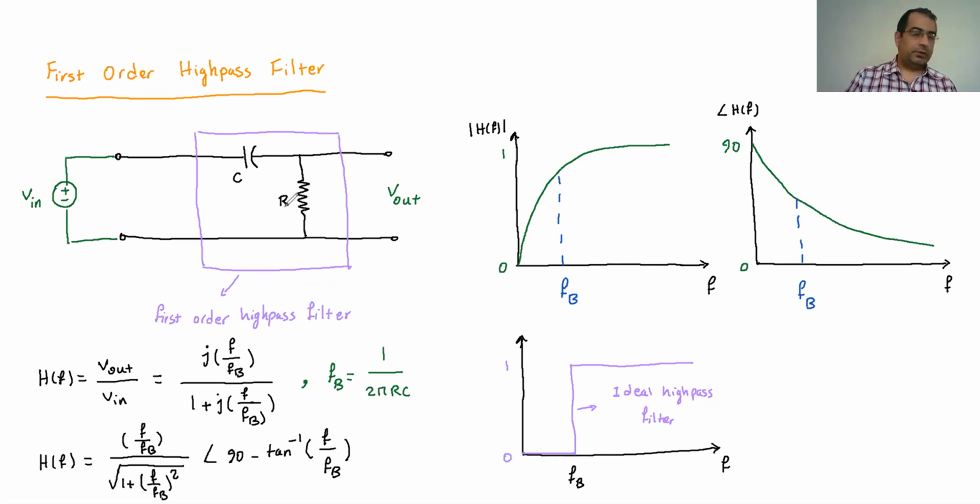If we go to a higher order filter, we can get a filter that's much closer to this one. Also the same with the phase, you can see it tries to leave the phase of the input signal untouched for the frequencies that are larger than the FB.